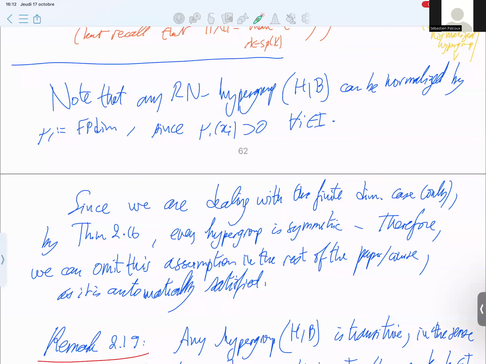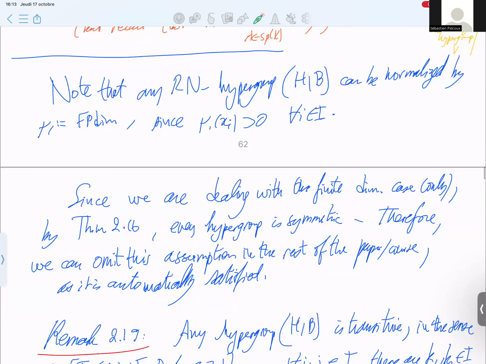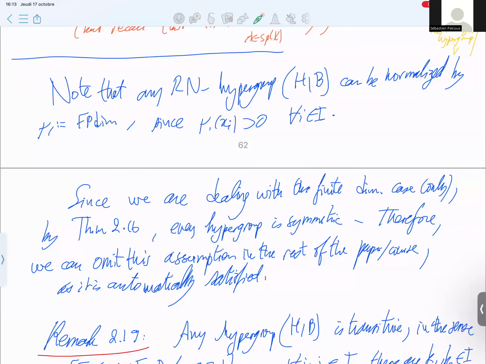Remember, normalizable is equivalent to the existence of a linear character whose value is positive on all the standard elements. So, for a real non-negative hypergroup, the Frobenius-Perron dimension is the perfect candidate for the linear character to get a normalizable structure. Okay, so in particular, every real non-negative hypergroup is normalizable.